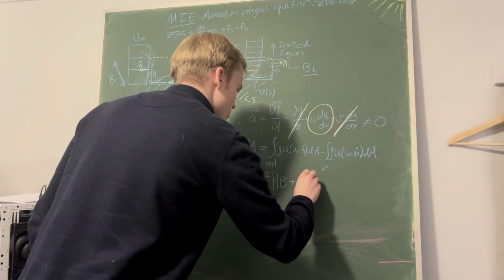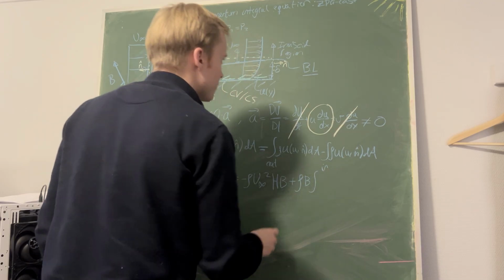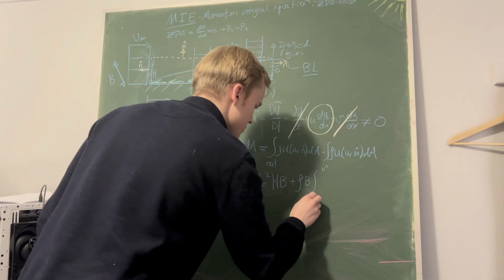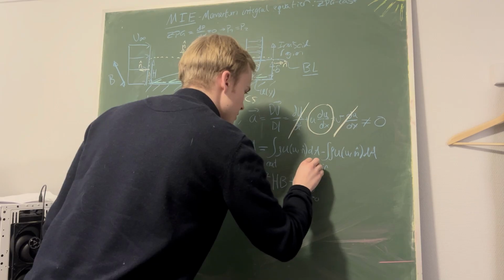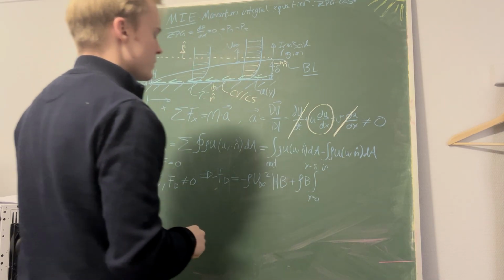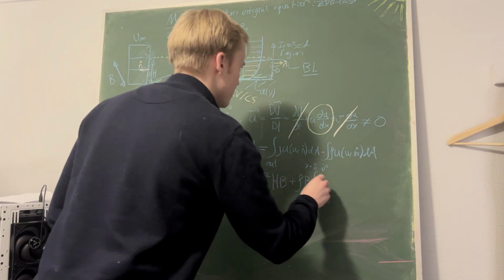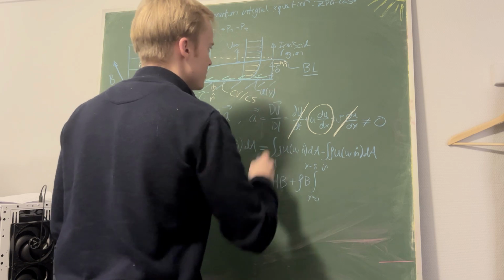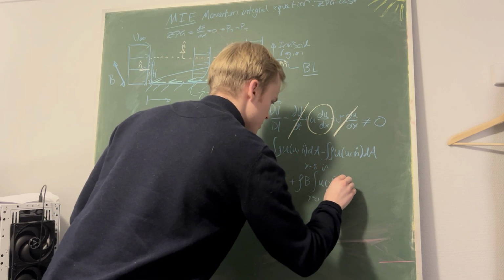So it's going to be rho b, and then we are integrating from the wall, y equal to 0, to y equal to our boundary layer thickness. And then we have u of y squared dy.